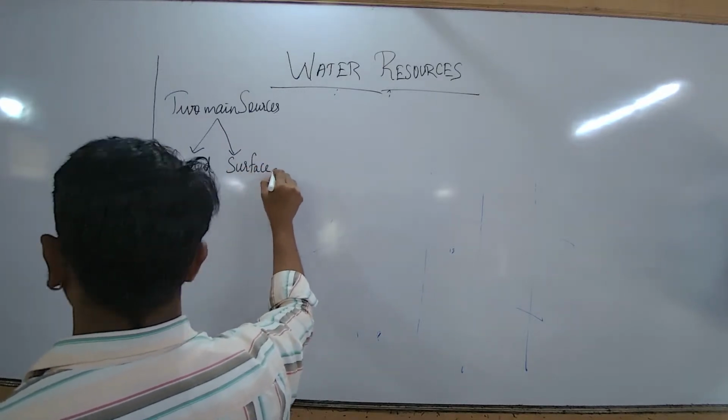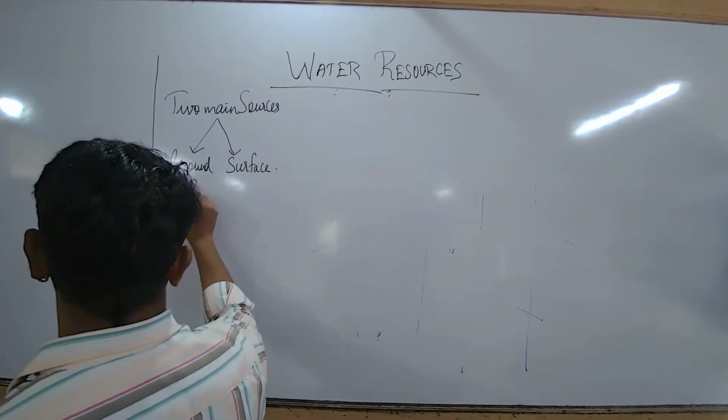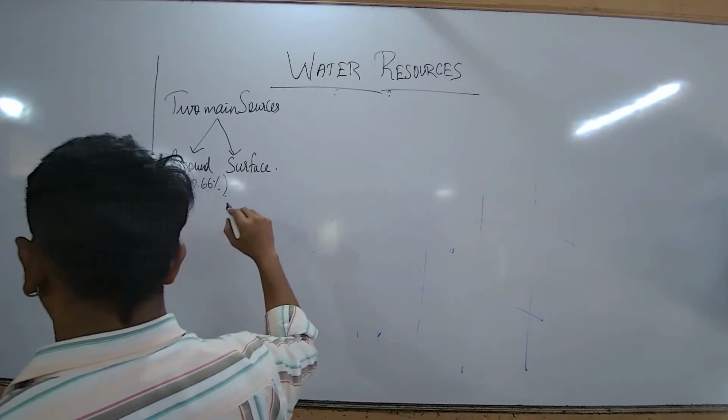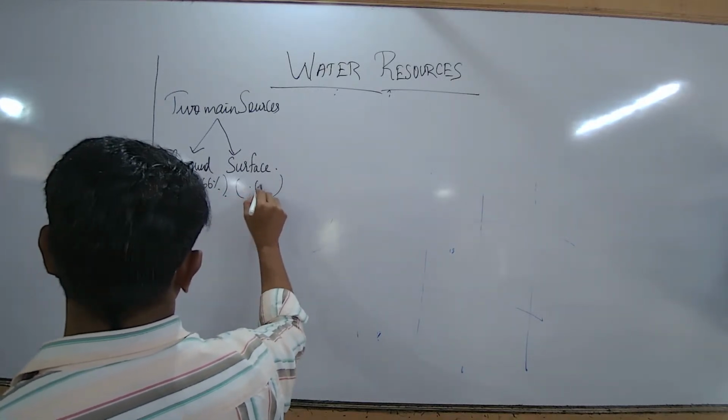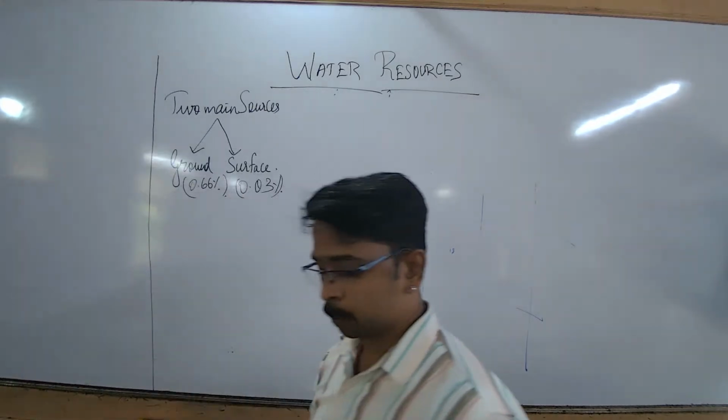Write the percentage as well. Groundwater is 0.66% and surface water is 0.03%. In the last sentence, then I'll explain.